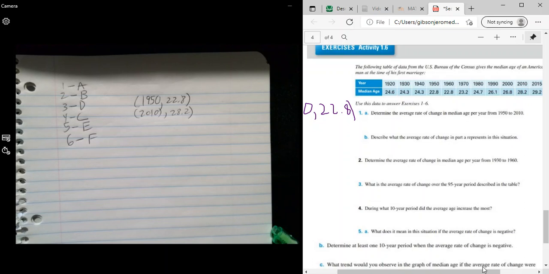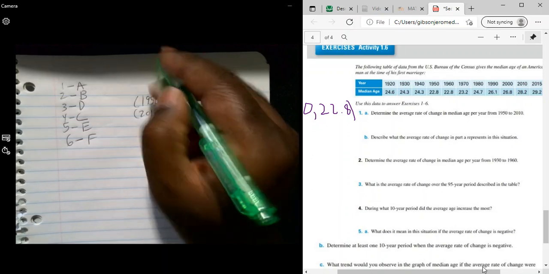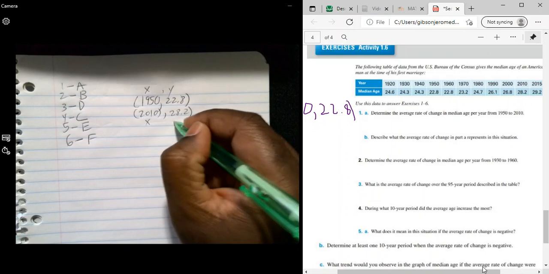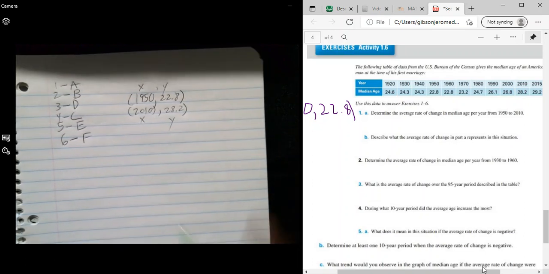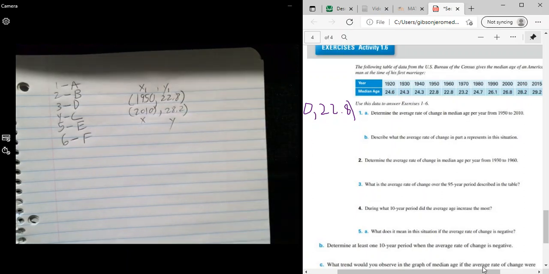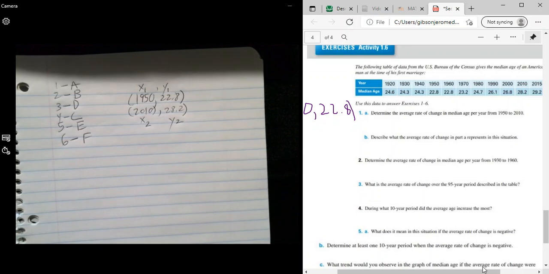So this would be our X value, this would be our Y value. This would be X in the first ordered pair, Y in the first ordered pair. X in the second ordered pair, and Y in the second ordered pair.